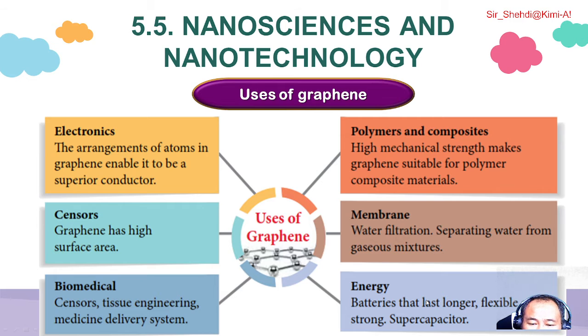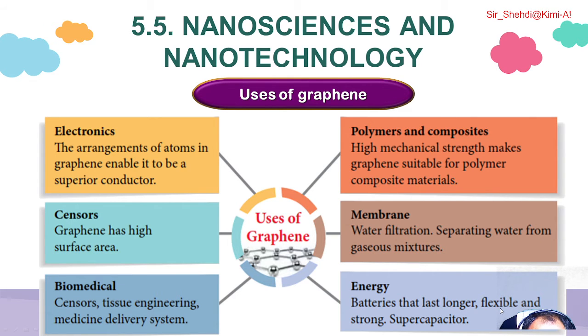Okay, in energy, of course we can store the energy in the form of batteries, dalam battery. The use of graphene to make batteries makes them last longer, flexible and strong. So in this case, your batteries can act as a super capacitor.